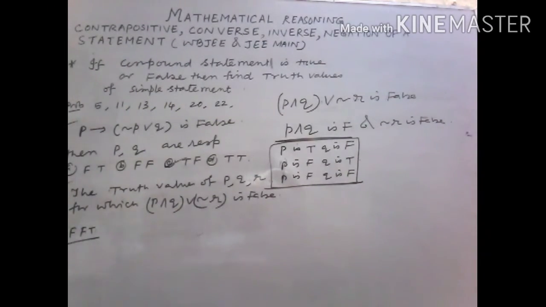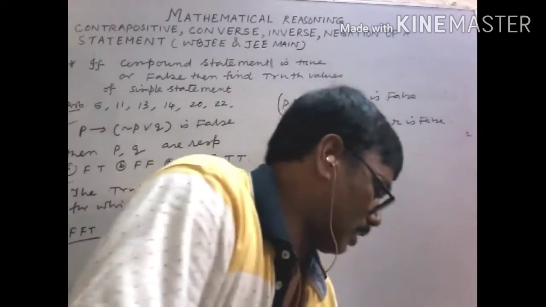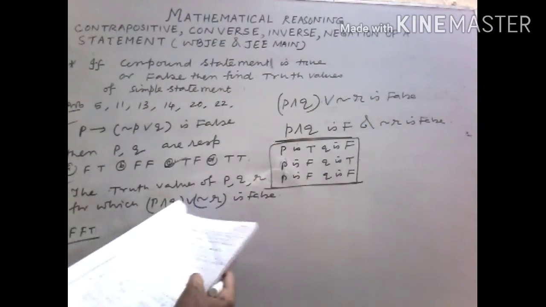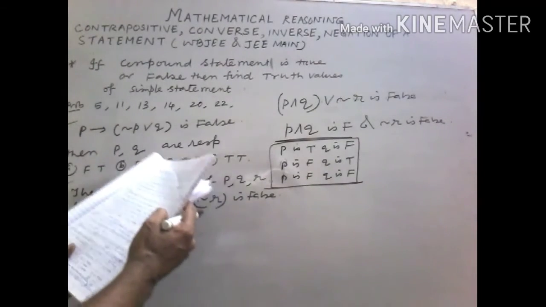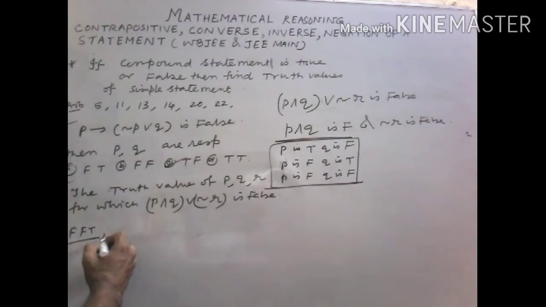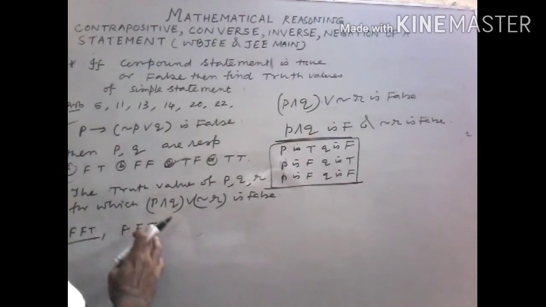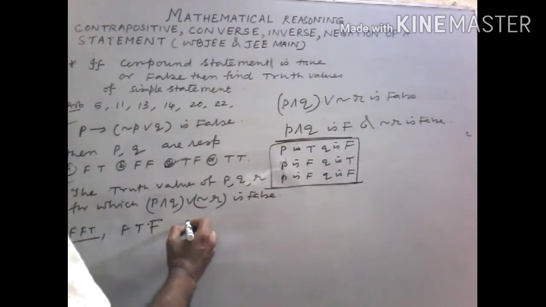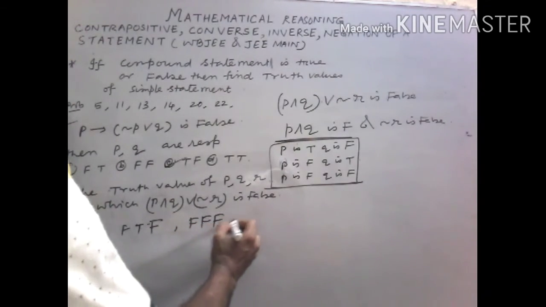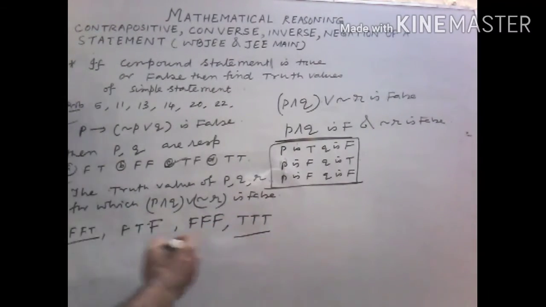Now look, what is the answer here? Look at the possible options given: FFT, FTF, FFF, TTT.